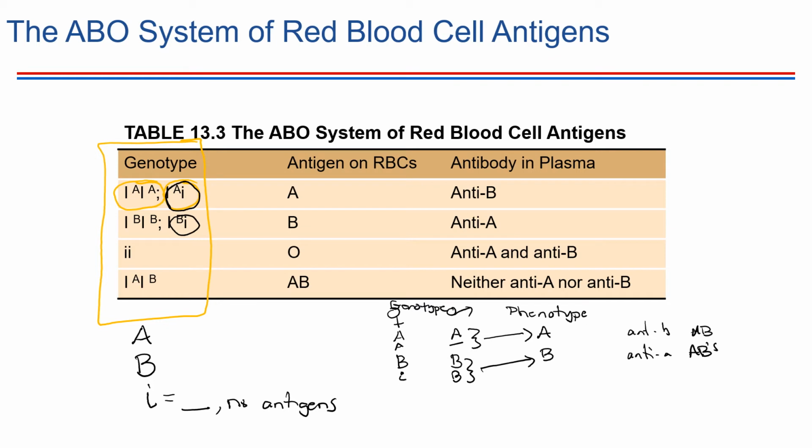If you had an I from mom, or a blank from mom and a blank from dad, then you would get type O. If you got an A from one and a B from another, that would give you type AB blood. That's all that this graph is showing you, and showing you the resulting antibodies. So here you'd have no antibodies, and here you'd have anti-A and anti-B antibodies.